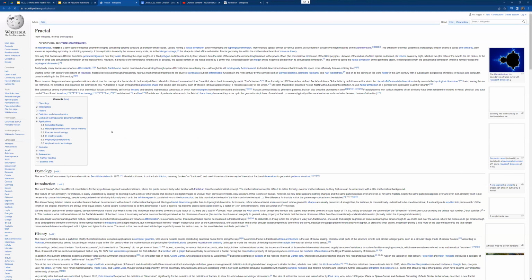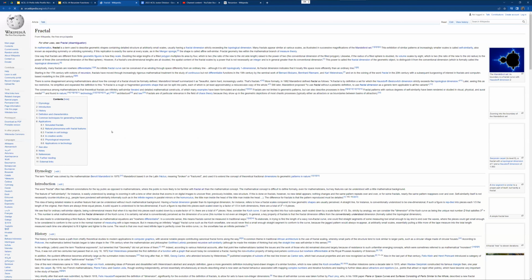These are all recursive functions of very simple form, and then you get these incredible graphics out of those.